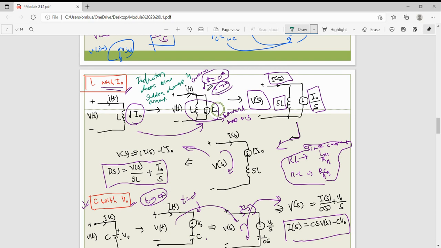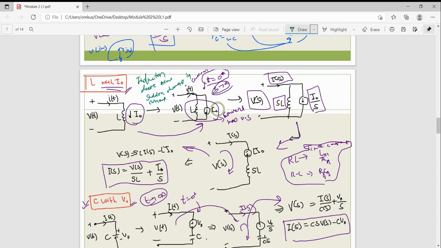So see, such a condition we generally observe when there is some switch given to you, and the respective action of the switch at t equal to 0, this current is represented in this format, right?